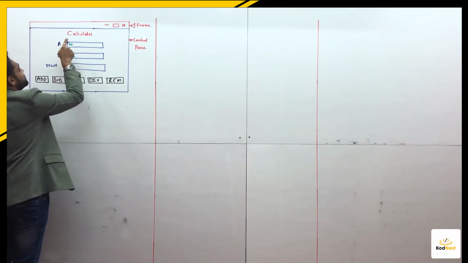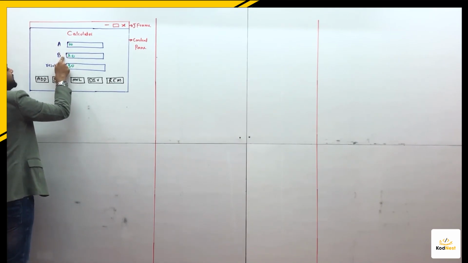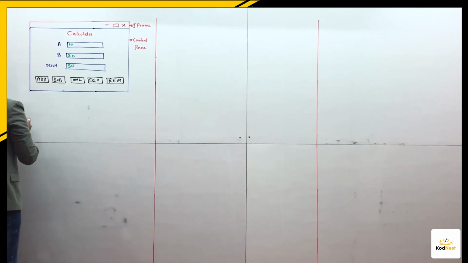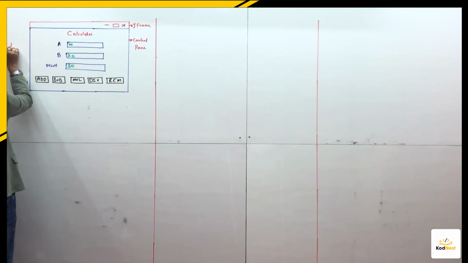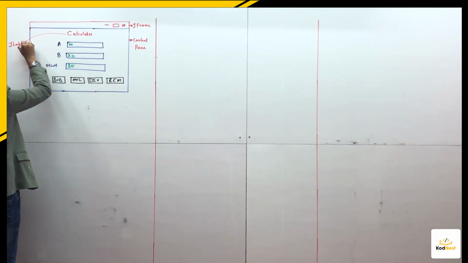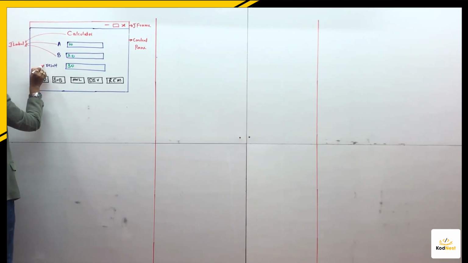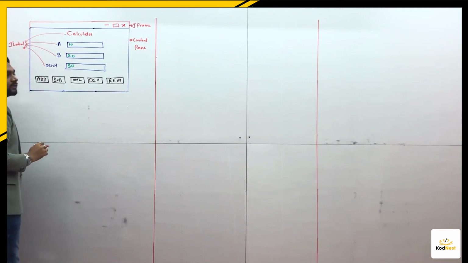Whatever you are seeing here, this calculator, A, B, result, all these are called JLabels. Calculator is also a JLabel, A is also a JLabel, B is also a JLabel, result is also a JLabel.